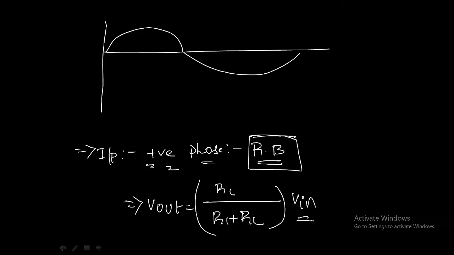Again, if we consider R1 is very much less than RL, then R1 plus RL is approximately equal to RL. Then RL will get cancelled and Vout will be equal to Vin.